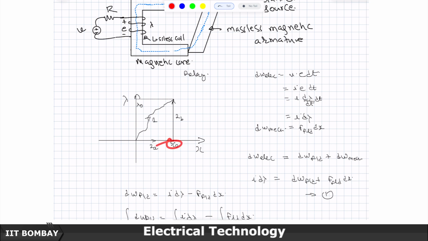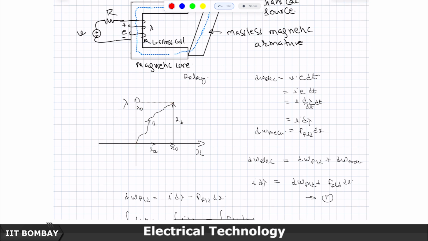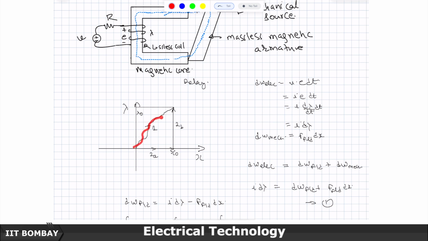Initially, let us say there is a switch here which we have not closed, so our initial point is this, and we reach the final point here. We may take a trajectory which looks like this, as lambda increases and x is also increasing.